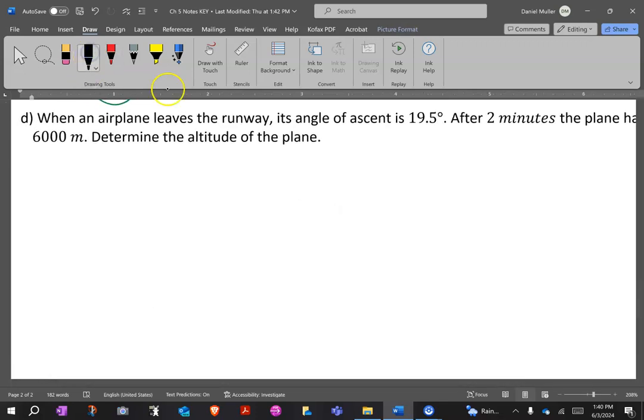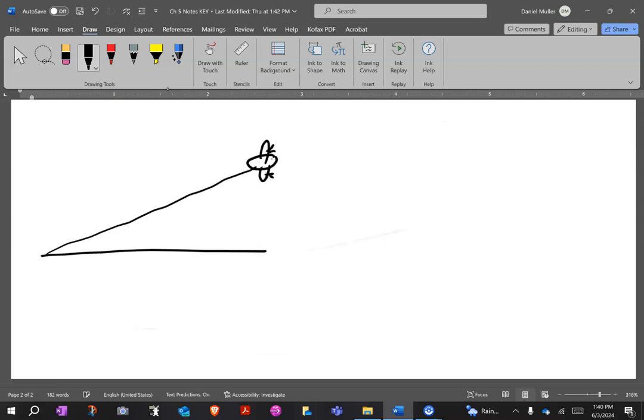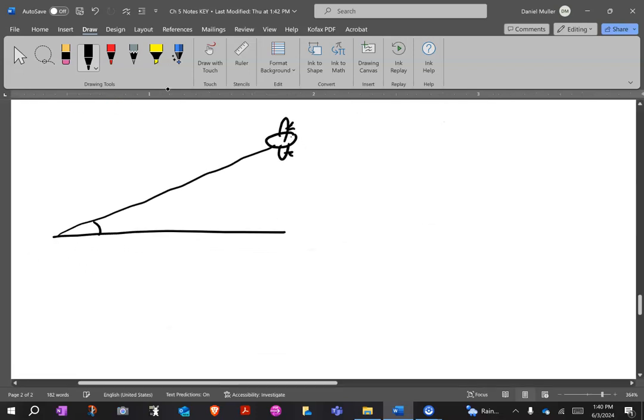So it's leaving the runway. We've got a runway that's going to be horizontal, and the plane is lifting off. And so here's the plane. It's lifting off. And it says the angle of ascent, so that's this angle down here, is 19.5 degrees.